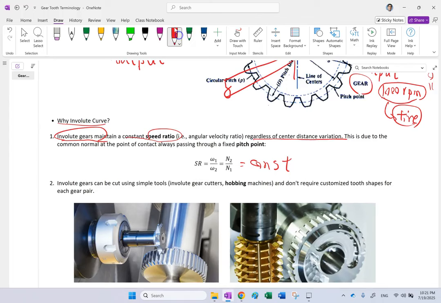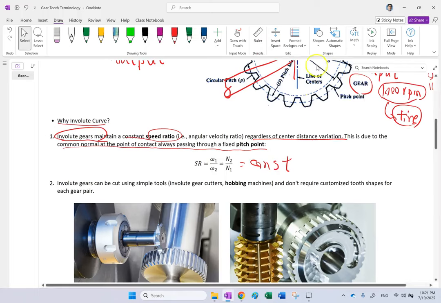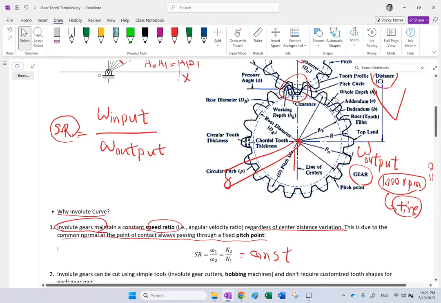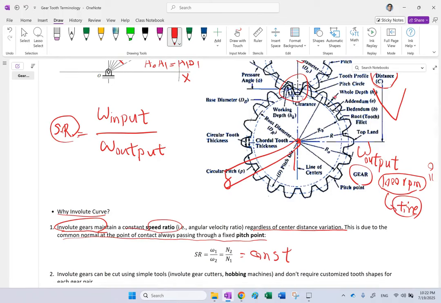And here it mentions a reason for it. It says this is due to the common normal at the point of contact always passing through a fixed pitch point. And I can talk a lot about that if you want, but here that's not really my goal. Basically the common normal is the line that is normal to the profile of the teeth, right?